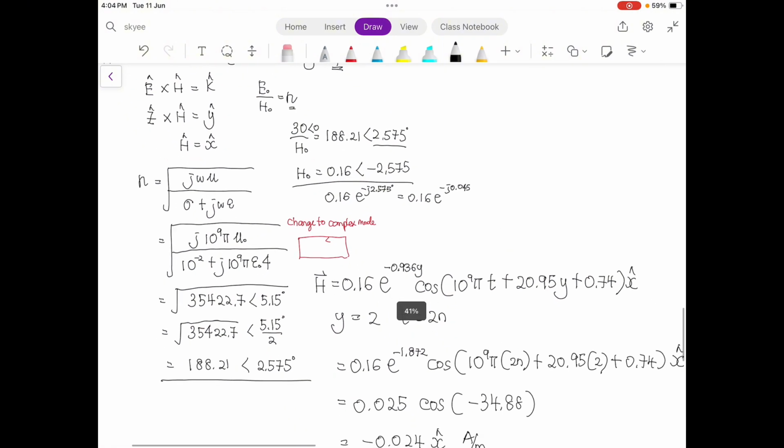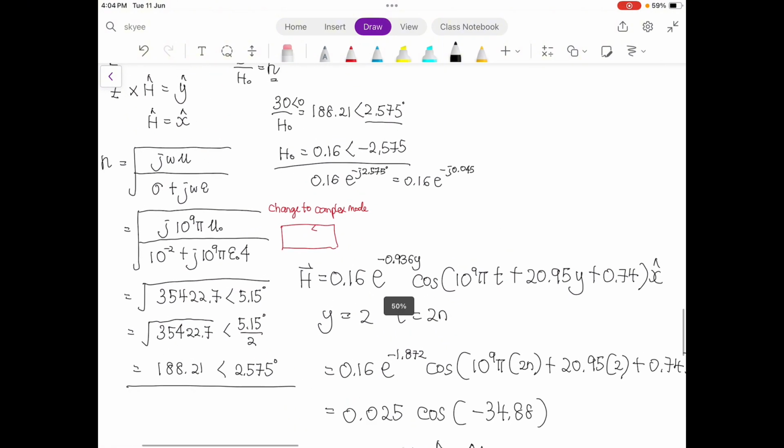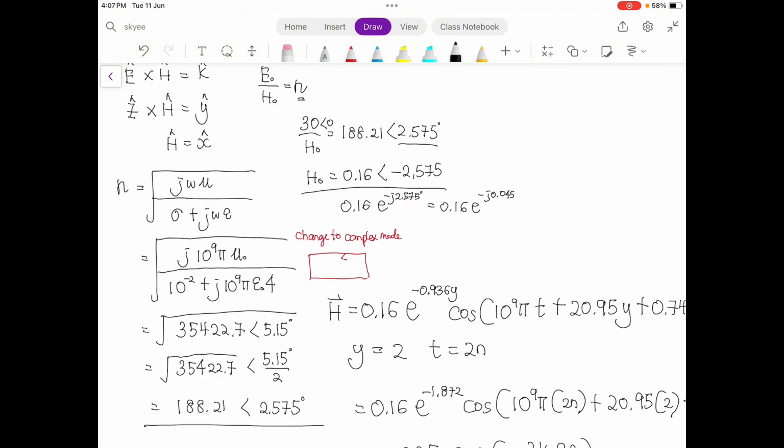The answer is not the same. Right, I calculate again this one. The angle is different. Wait, let's check whether we can get a better answer or not.